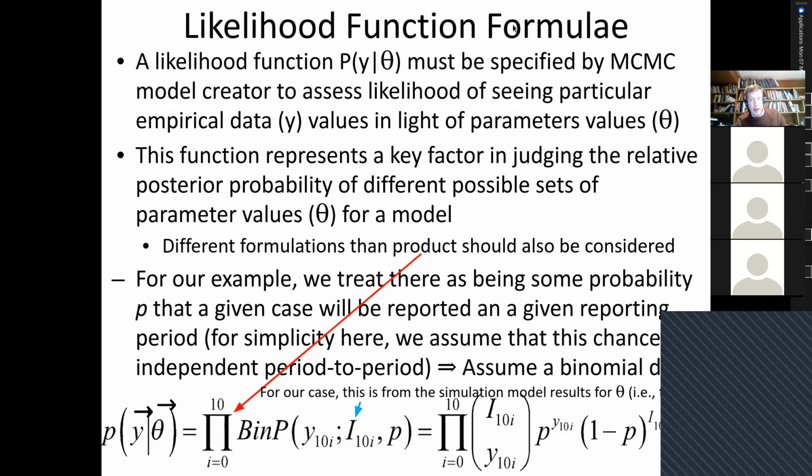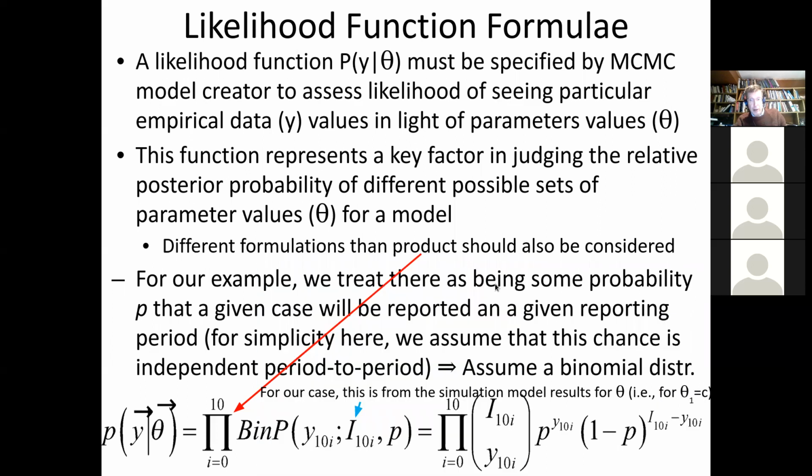Okay, I'm not seeing any hands. So I'm going to take it that you're feeling at least a bit comfortable with this idea. Look, for parameters, we can run the model with those parameters. We'll get values out, and those values can be compared with empirical data.